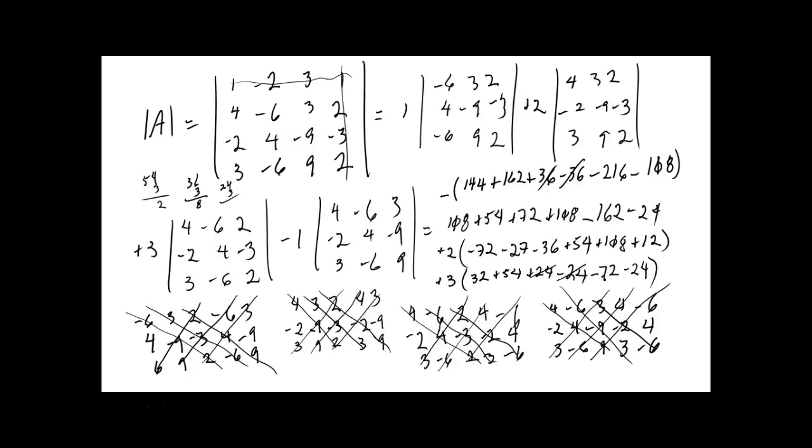Let's do that first one again. That's a 1 times 6, 3, 2, 4. Negative 6, 3, 2, 4, negative 9, negative 3.